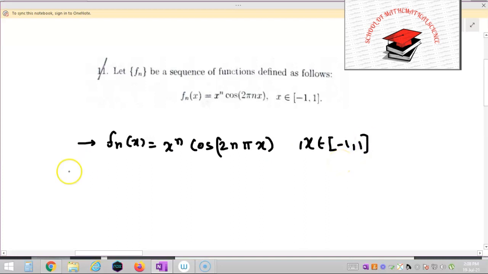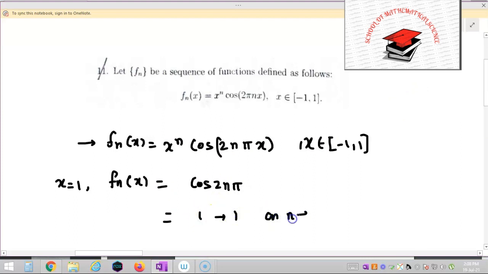Now when x is equal to 1, then fn(x) is equal to 1 to the power n, which is 1, and cos 2nπ. The value of cos 2nπ is always 1, so it tends to 1 as n tends to infinity.